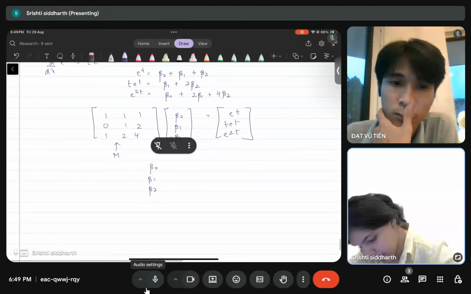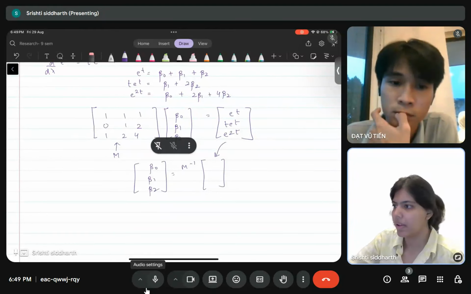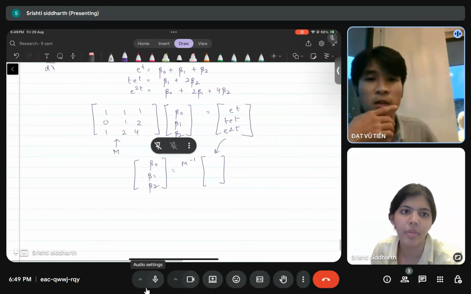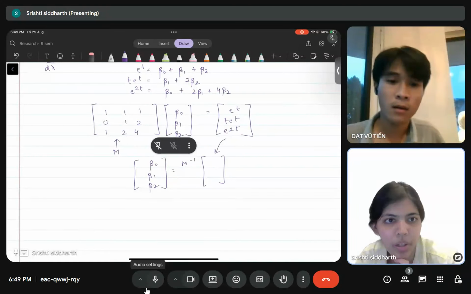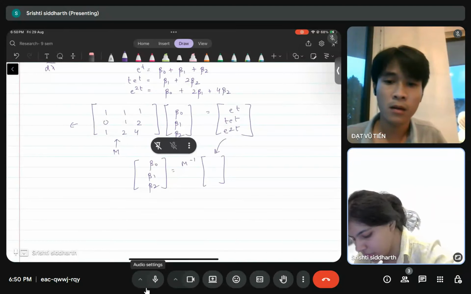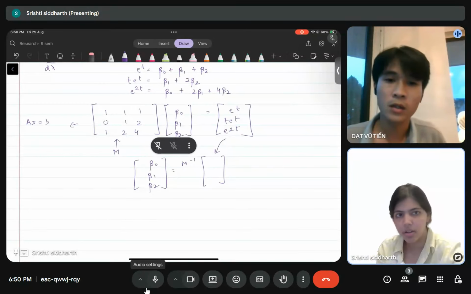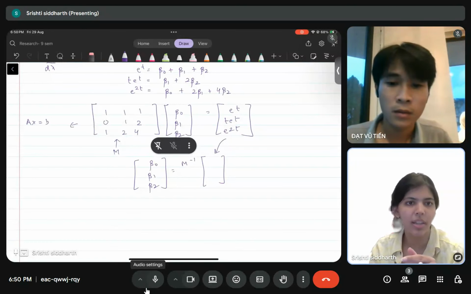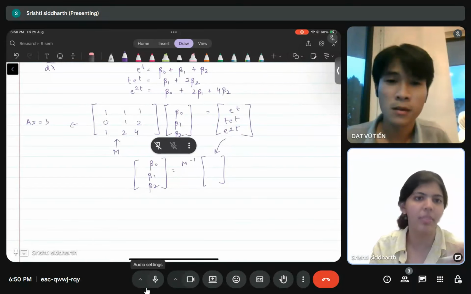This is a matrix equation of AX equals B. If A is invertible, then there's a unique solution. If it's not, then there would be two cases: either there is no solution or there can be infinitely many.